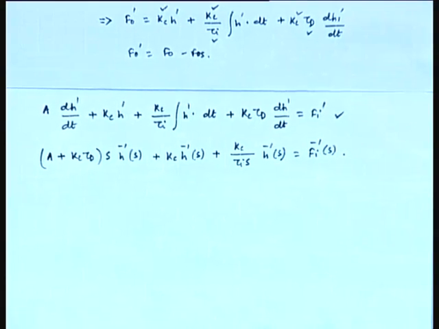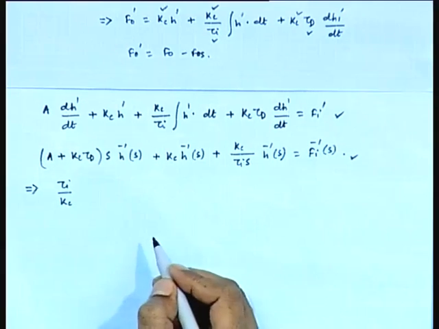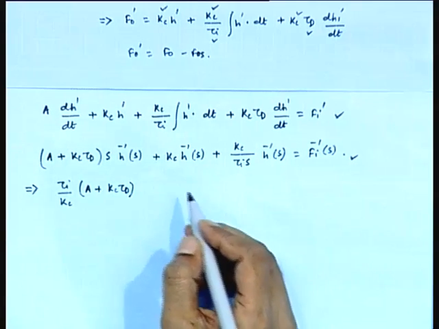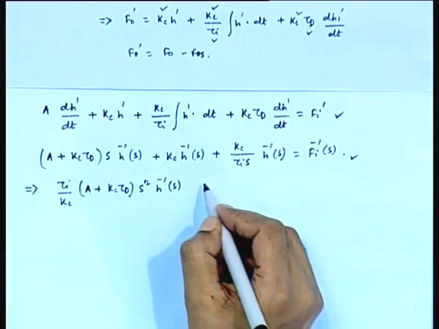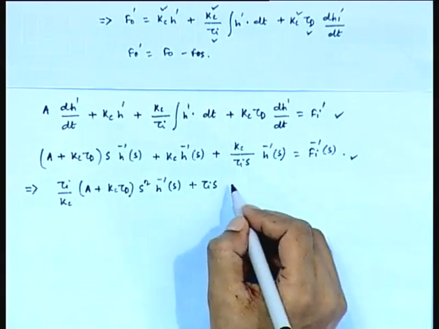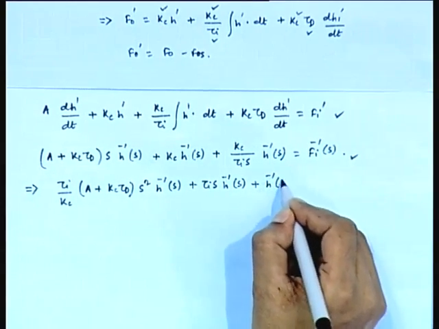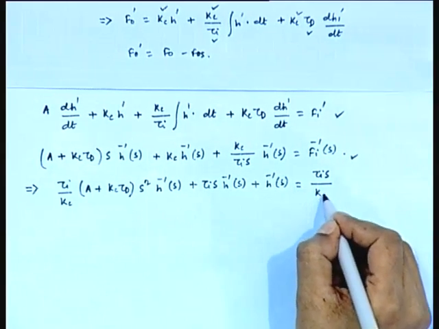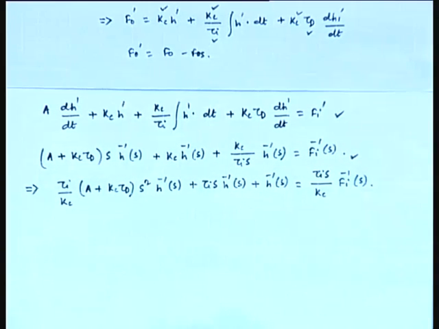Taking Laplace transform, we obtain this. So, we can write this as tau y divided by kc a plus kc tau d s square h bar prime s plus tau y s h bar prime s plus h bar prime s equals tau y s divided by kc f I bar prime s.